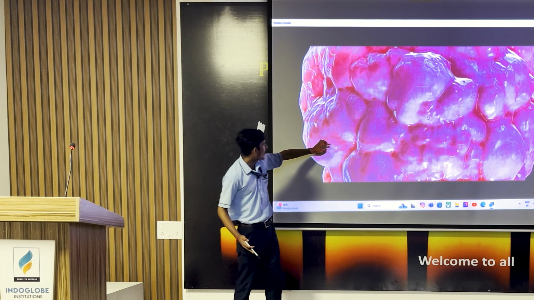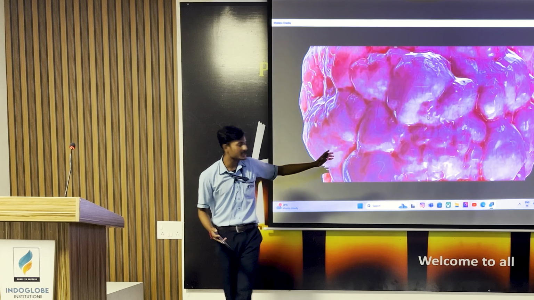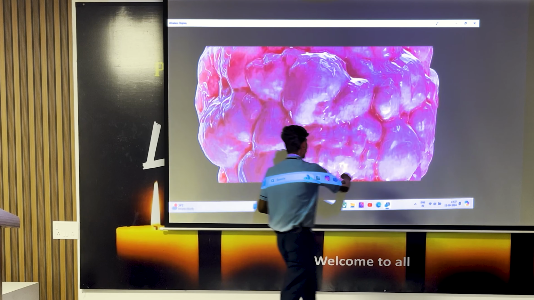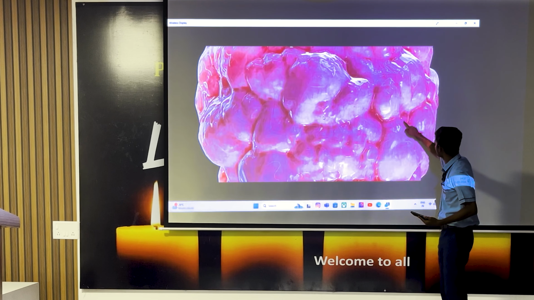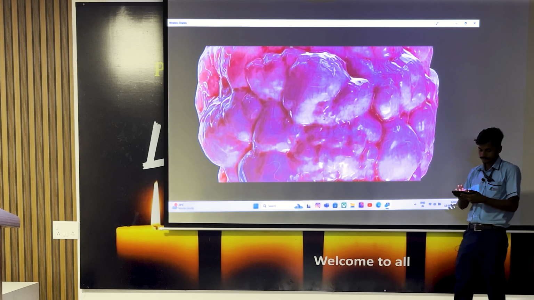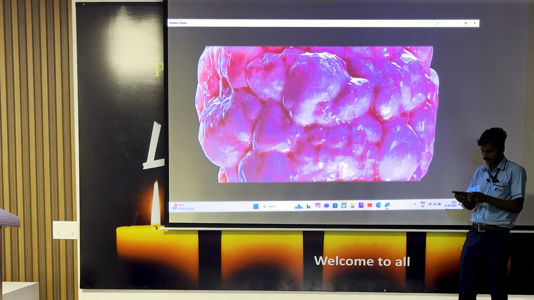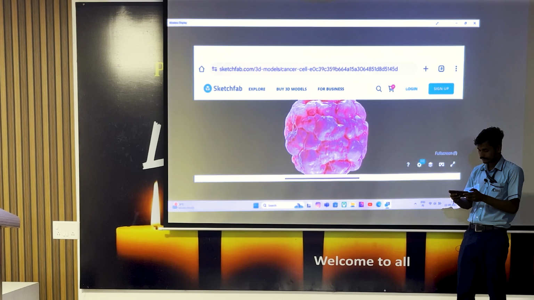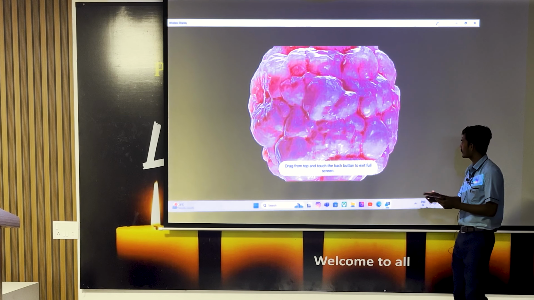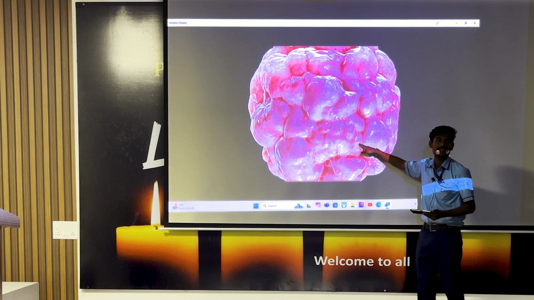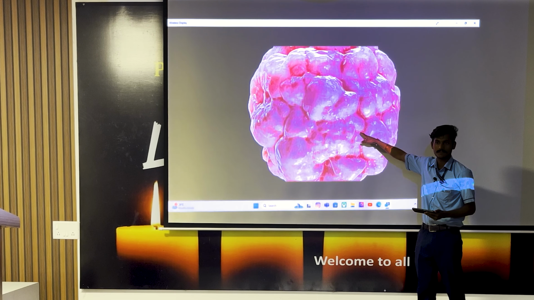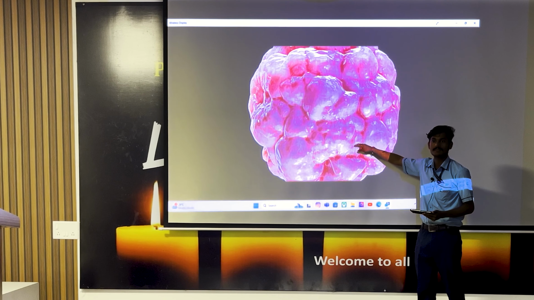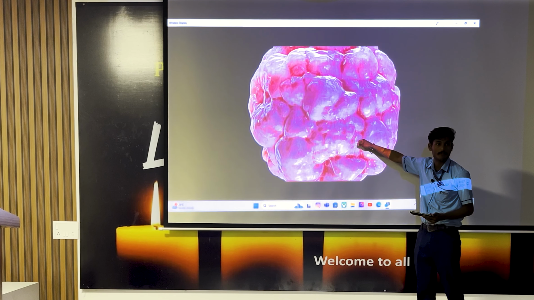And see the blood vessels. Are you able to see them? These blood vessels are arising, and this is called angiogenesis. New blood vessels are forming.